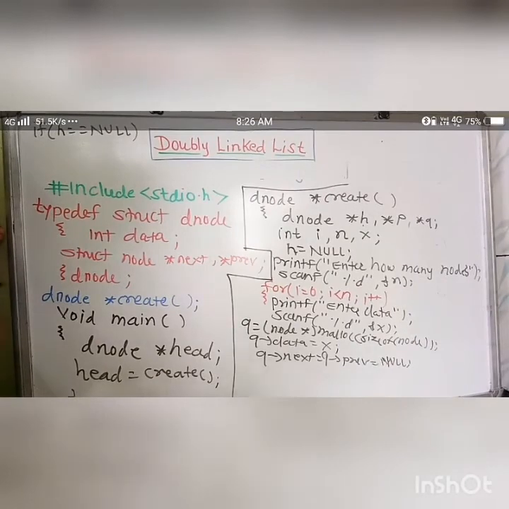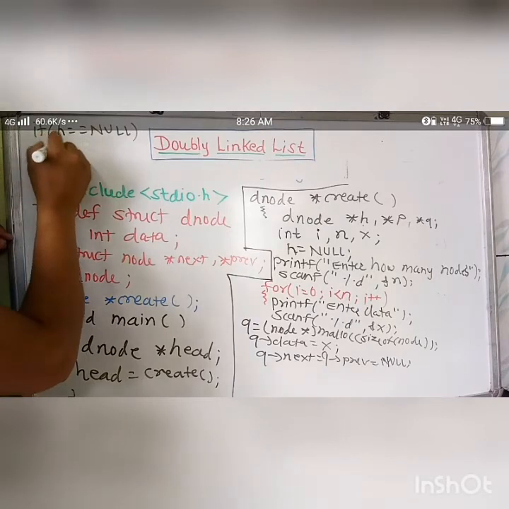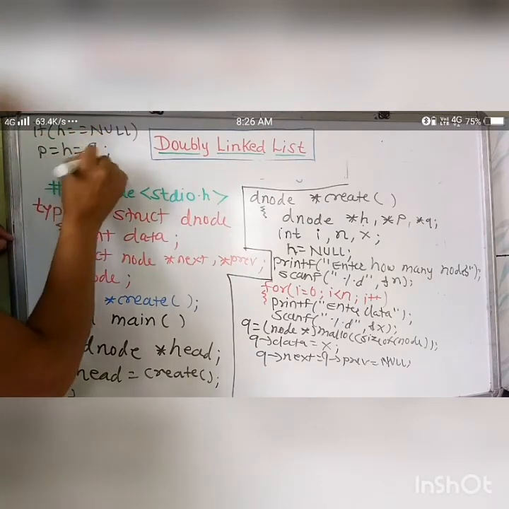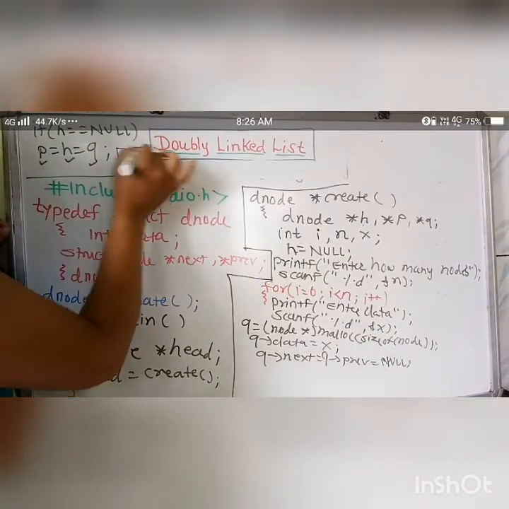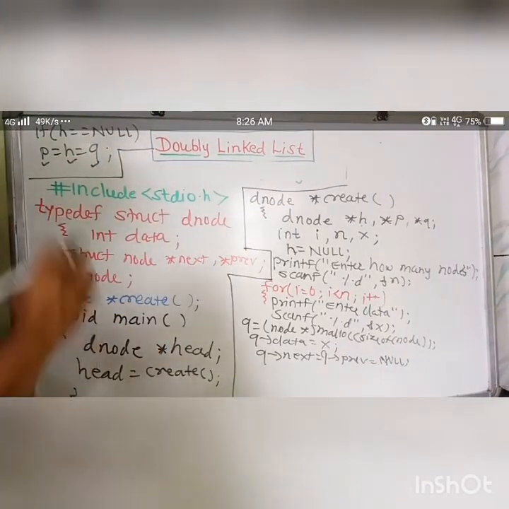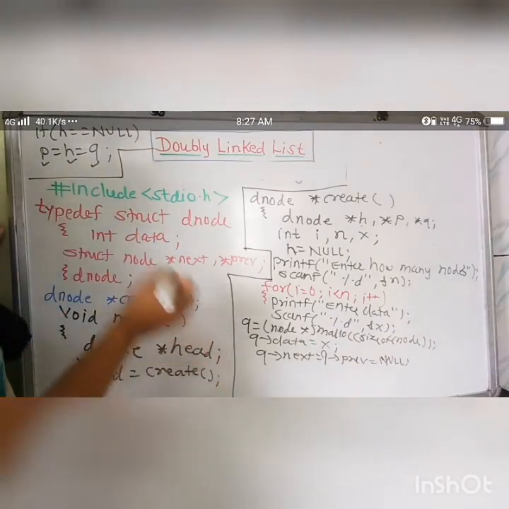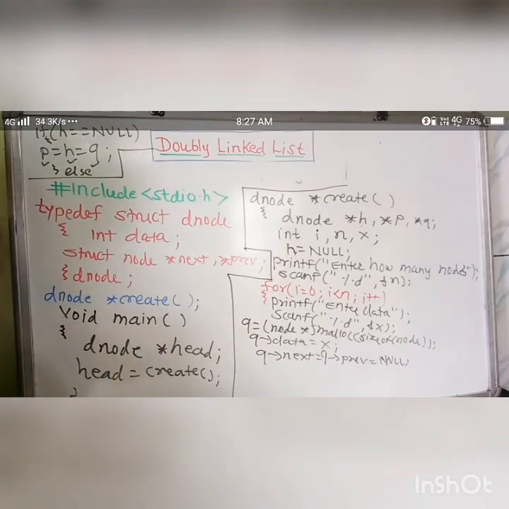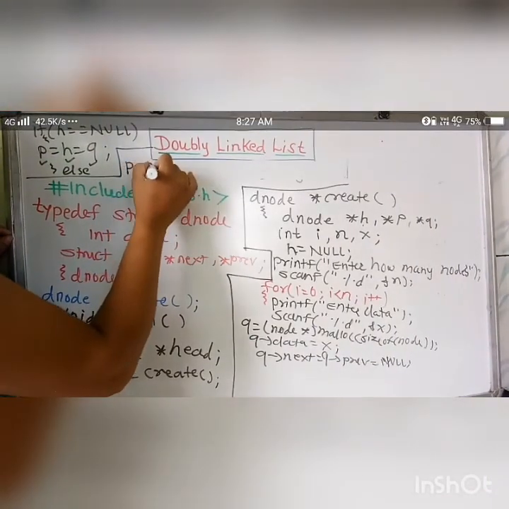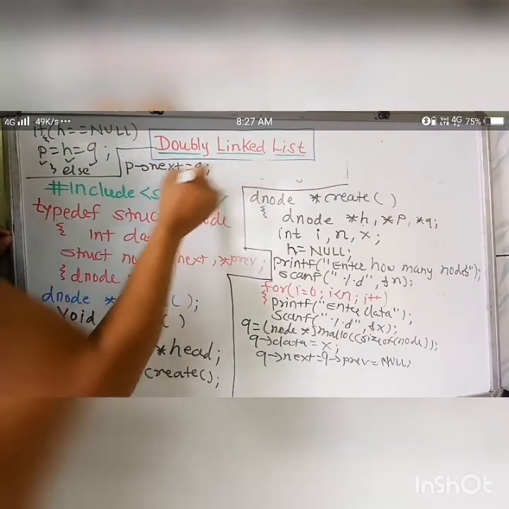Means if h equals to null, it is not previously present, then in such case we will make p equals to h equals to q, means the new node, first node and the subsequent node are the same nodes. If not, we will take an else, like we can make the p pointer next equals to q, that is the first statement.